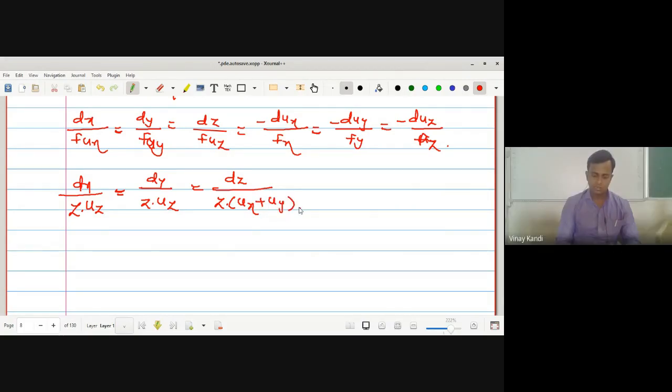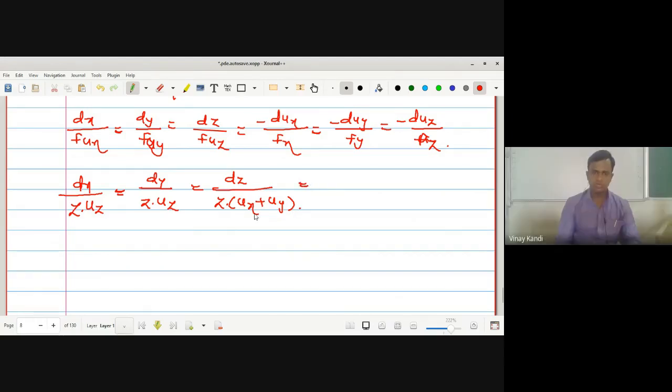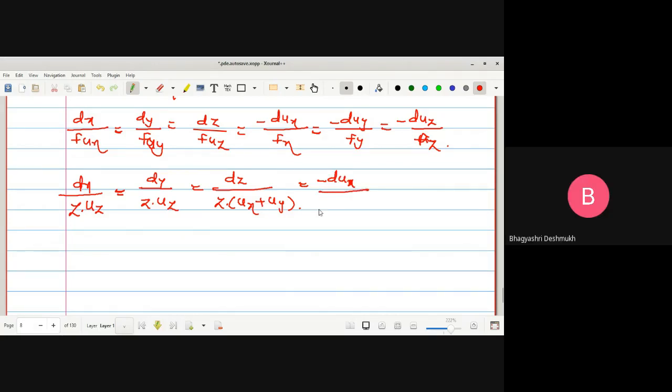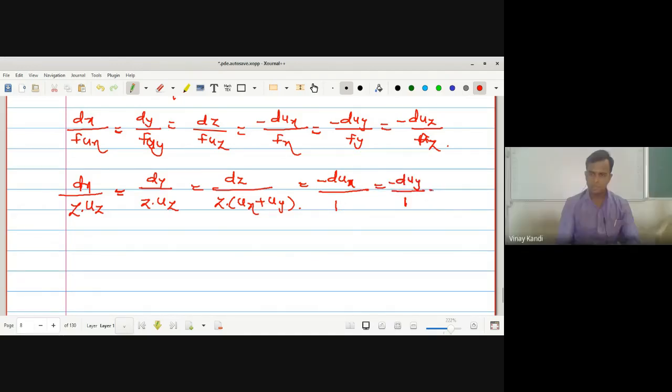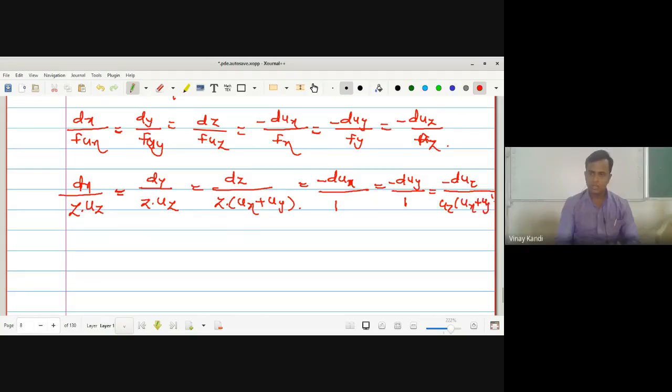Is it correct? Yes, z into ux plus uy. Minus dux, differentiate with respect to x now, 1, minus dux upon 1 is equal to minus duy upon 1 is equal to minus duz upon fz, that is uz into ux plus uy.